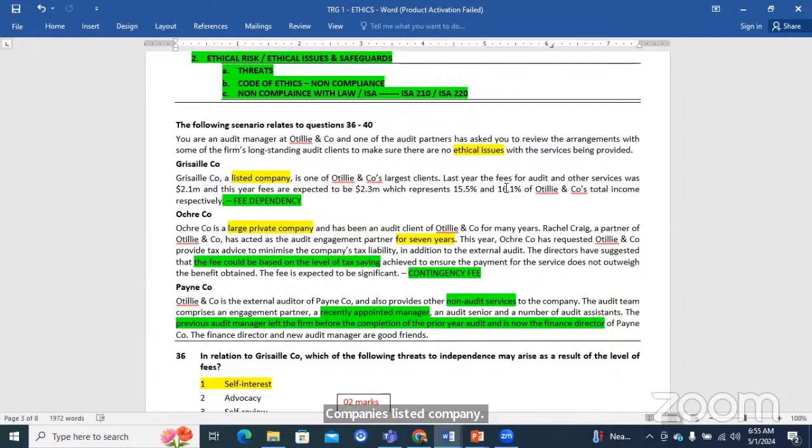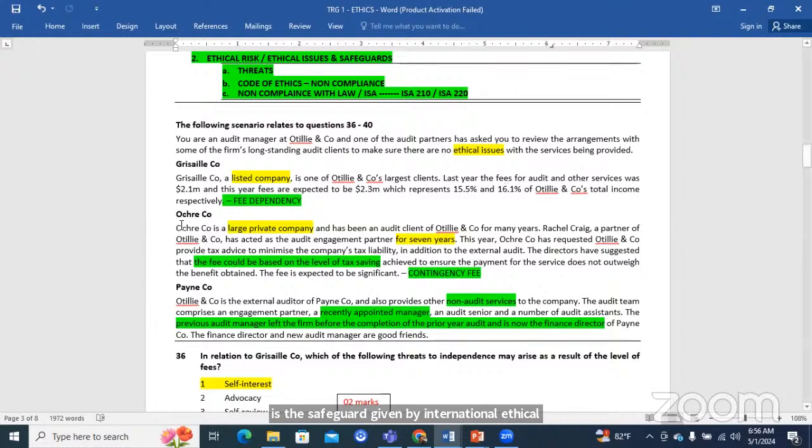One year 15.5, another year 16.1, which means more than 15% for two consecutive years. So fee dependency. What threat is it? Self-interest threat. For fee dependency, what should we do? The safeguard is we should inform those charged with governance, and we should perform an engagement quality control review. That is the safeguard given by the International Ethics Standards Board for fee dependency.